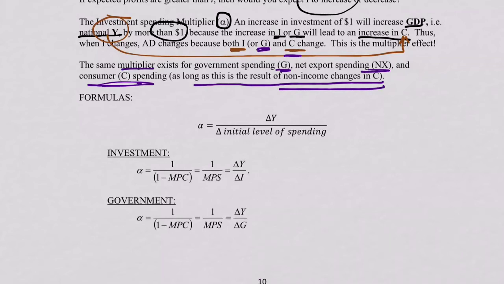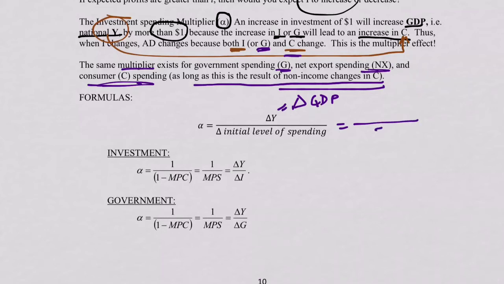So what's the formula? Remember, this could also be represented as the change in GDP. We'd have the change in income over that change in initial level of spending. So if initial level of spending was simply, let's just make up some numbers.